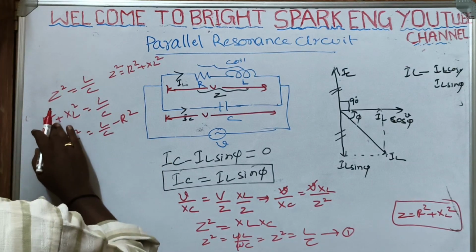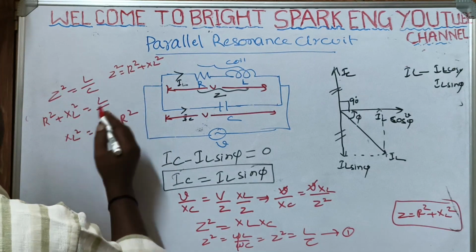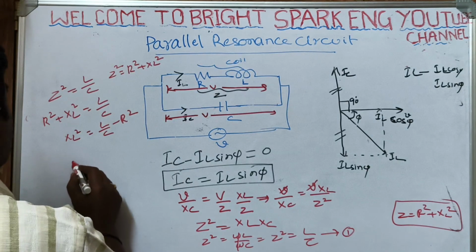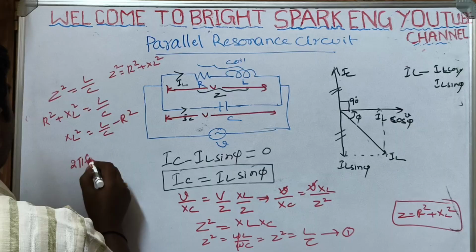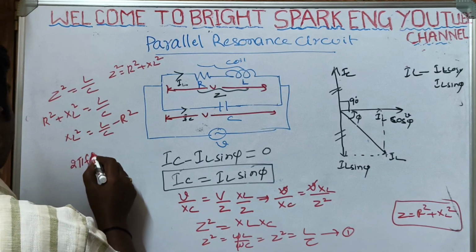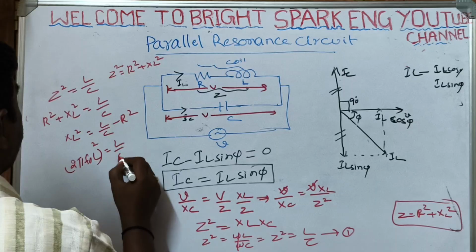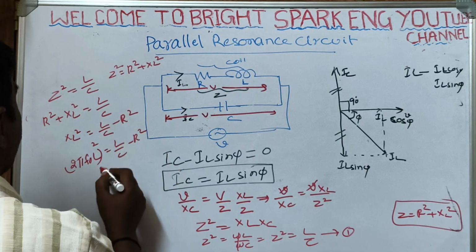This term is taken to the right hand side. Here XL is equal to 2 pi F naught L, whole square is equal to L by C minus R square.